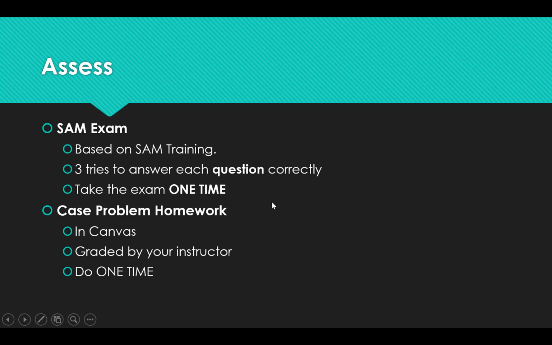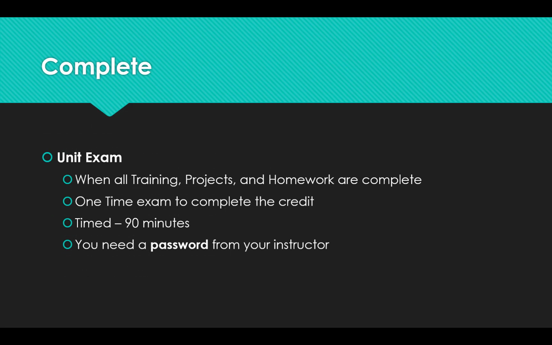When you're all done learning and practicing and assessing, to complete each credit, you'll do what's called a unit exam. The unit exam completes the credit. You'll need a password from your instructor. Email your instructor and they'll check to make sure everything is complete and that you're ready to go.